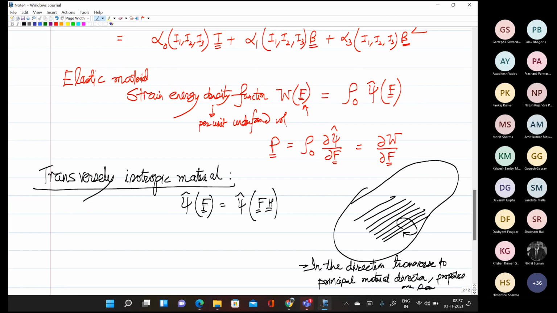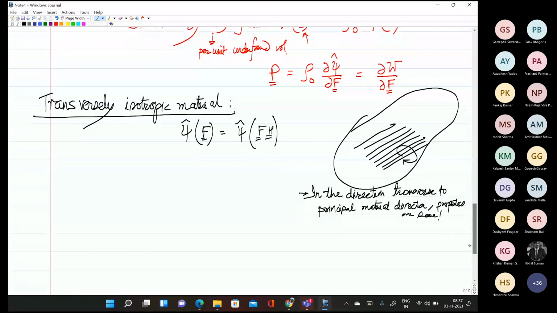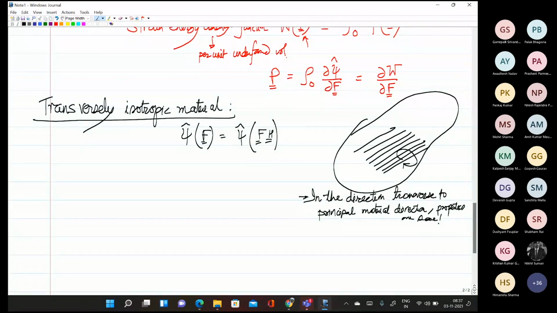Okay. So suppose this direction is denoted by, let us say, E, in the reference configuration. Then what will H be? Can someone tell me?